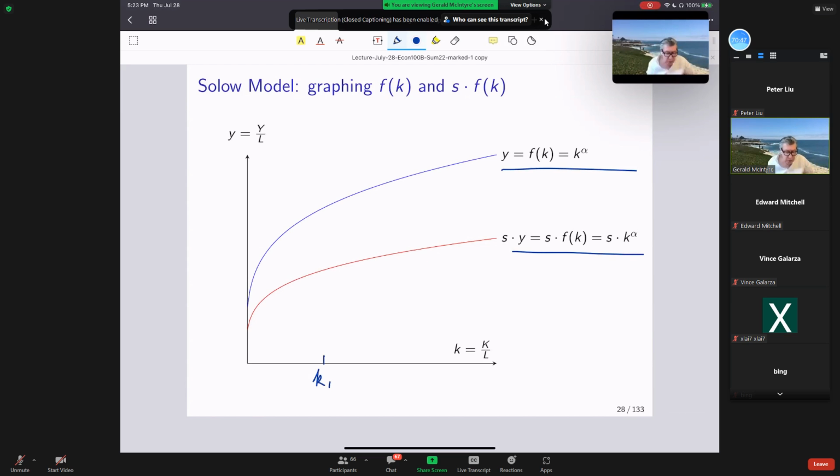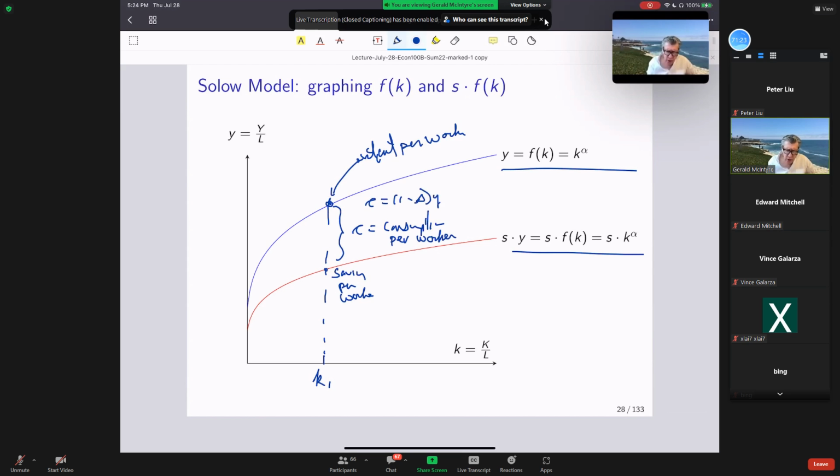For any level of capital per worker, call it small k1, here's savings per worker. Here's output per worker, what gets produced. And this gap is consumption per worker, because small c is equal to 1 minus s times y.